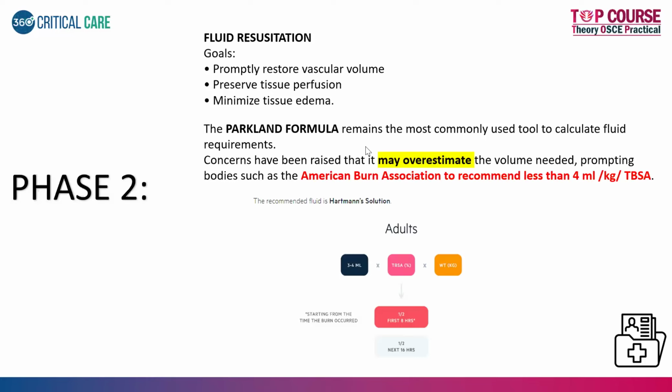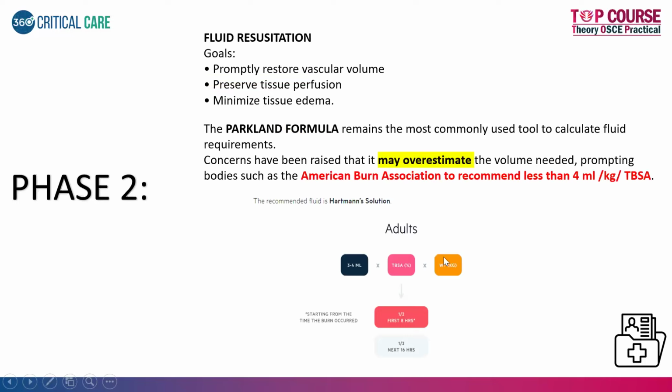Parkland's formula uses 3 to 4 ml of crystalloid solution times total body surface area percentage times the weight of the patient. The crystalloid solution used is Hartmann's solution. The first half of the calculation is given in 8 hours and the second half in the next 16 hours. So this is about the Parkland formula.